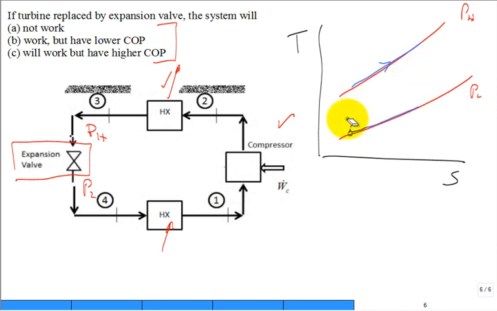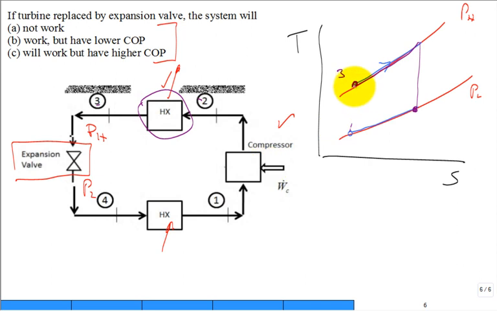Now let's talk about gas refrigeration. I'm going to push it over here, even though I think about shifting that temperature scale down. Then we put it through the compressor, and then through a heat exchanger to cool it, because that's what the heat exchanger from 2 to 3 is doing. So state 3 ends up right here.